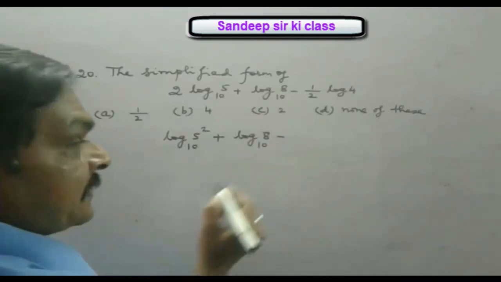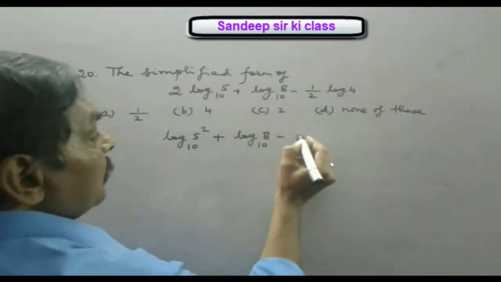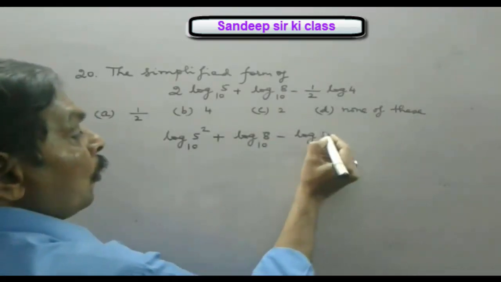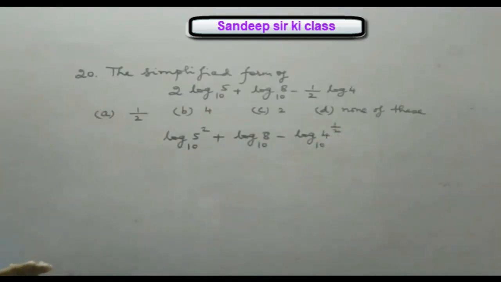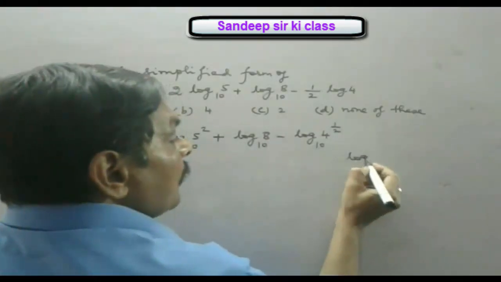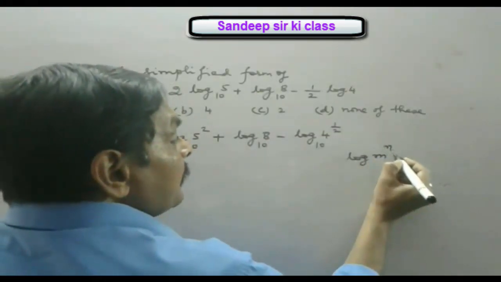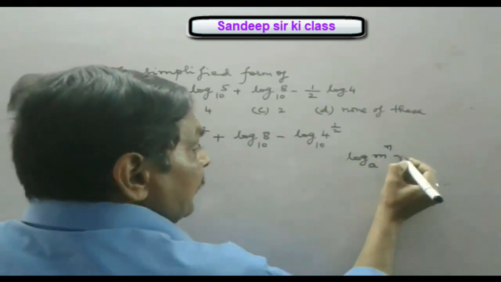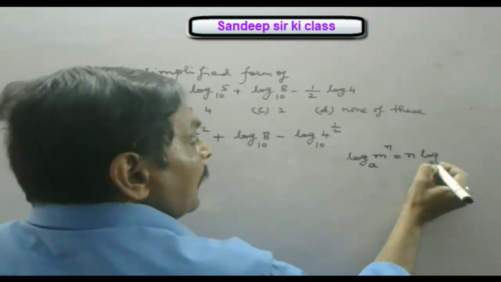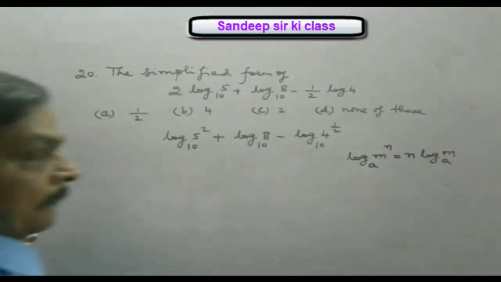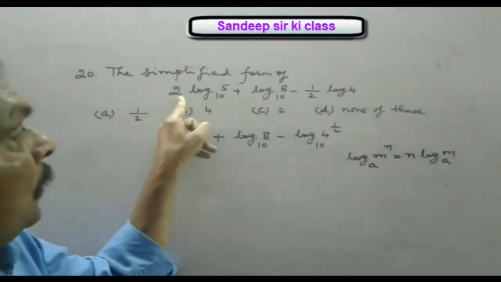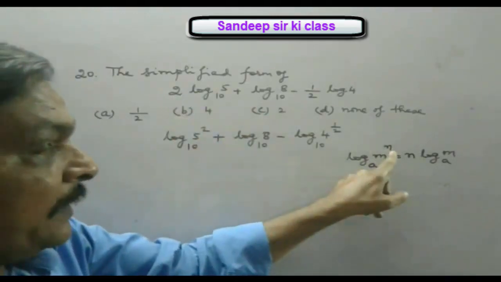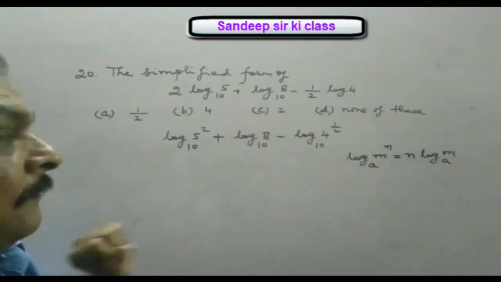Third term, with the same rule, I can write log 4 raised to the power 1 upon 2 to the base 10. I have used the formula that log of m to the power n to the base a is equal to n log m to the base a. With that formula, because in first term 2 is under the multiplication, it has become power of 5.